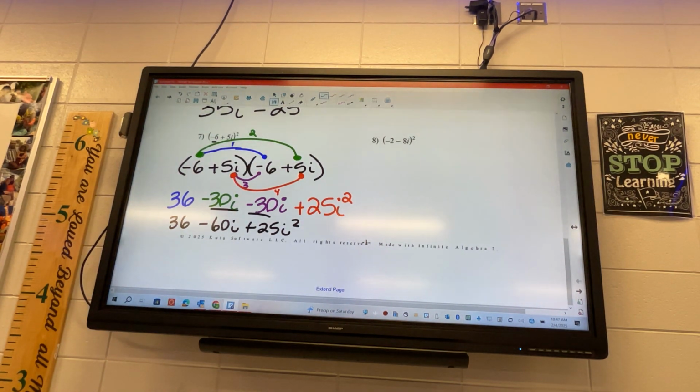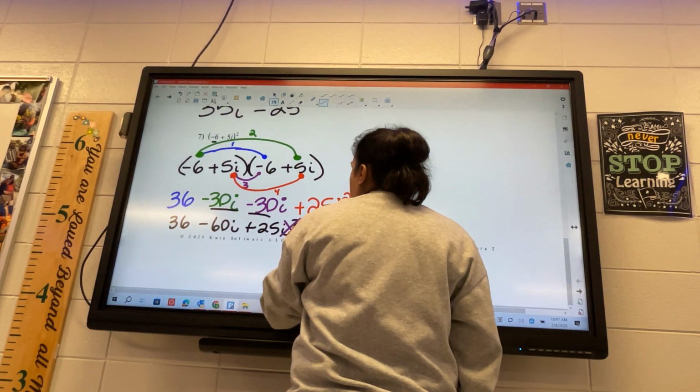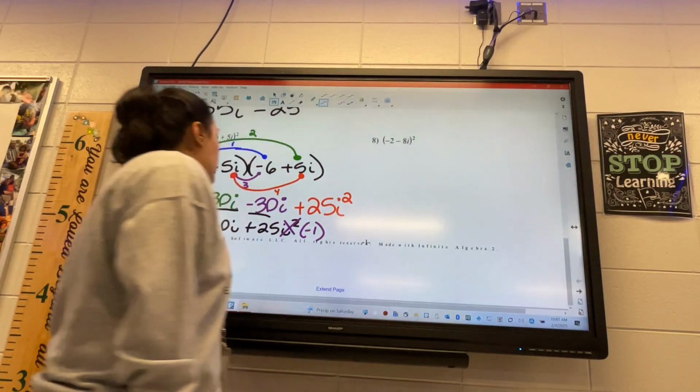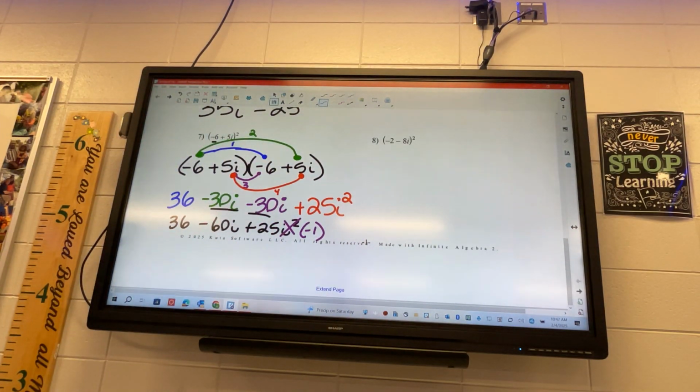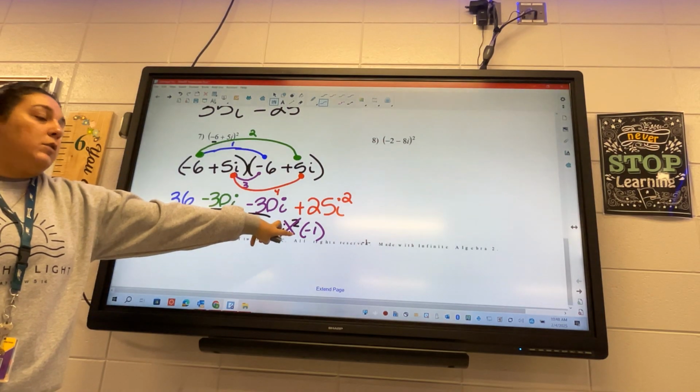Look at the problem. What's wrong with it? We're not done. It has the i squared. What do we change the i squared to? Negative 1. So this is really going to be negative 1. And this is the really long one, okay? So just keep writing the steps. Okay? Then what do we always do with these two? What do we do with these two?